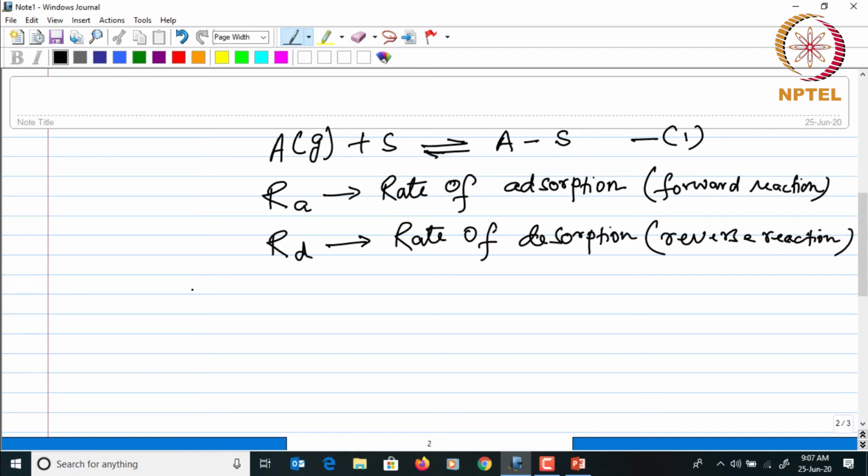And these rates will be given as this. RA will be equal to Ka into the concentration of the reactants, where Ka is the rate constant for the forward reaction.